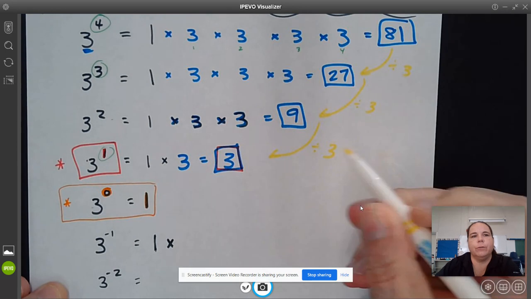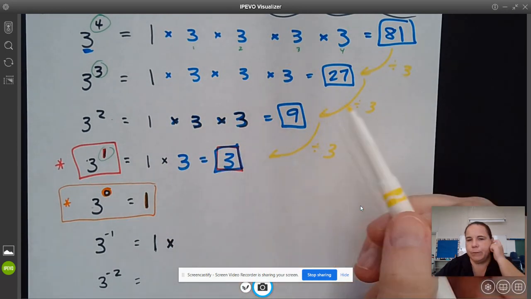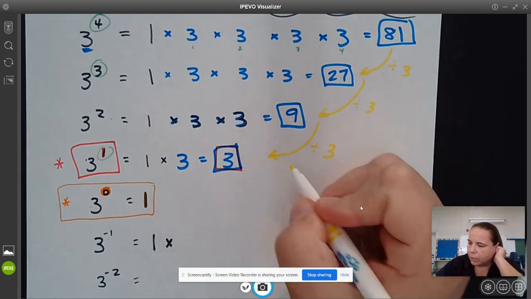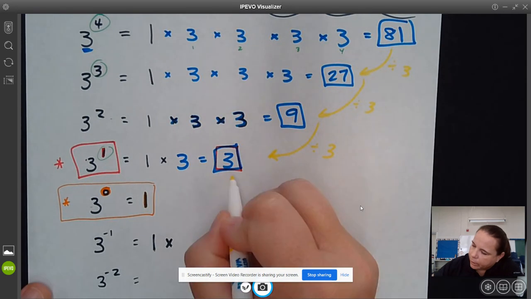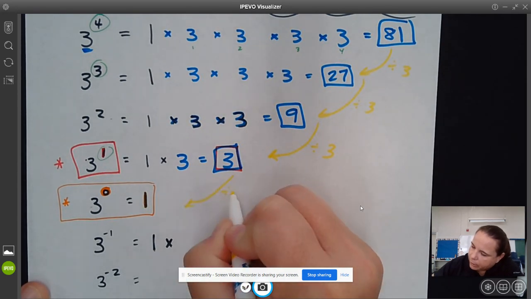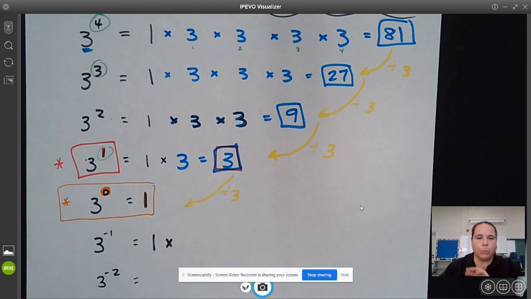And if you think to yourself, a negative is usually an indication of the opposite. So it's the opposite of what you are doing. Instead of adding, you're subtracting, you're removing. So this was also divide by 3. So how can we divide by 3 from 1?